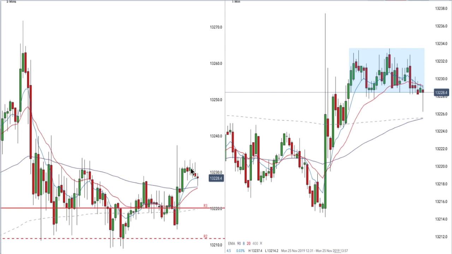So what does that mean? Higher highs and higher lows mean that on the 5-minute time frame, the market's in an uptrend, and I don't take double tops or head and shoulders tops, triple tops in uptrends. I will take high probability double tops and triple tops in downtrends.